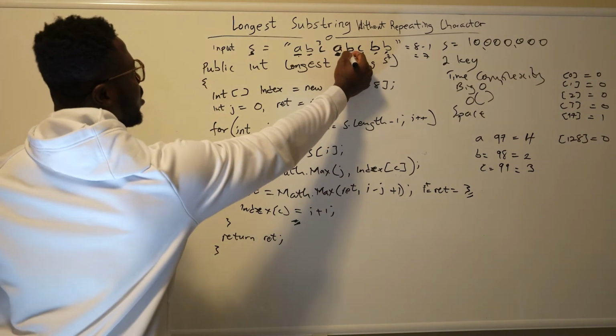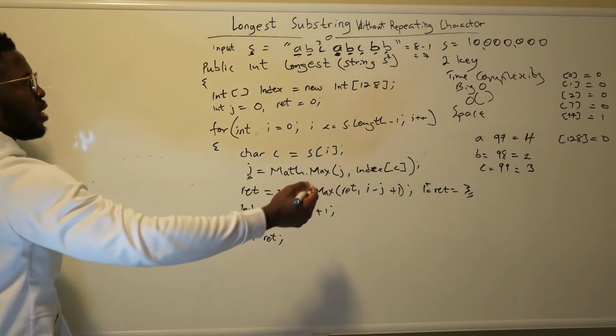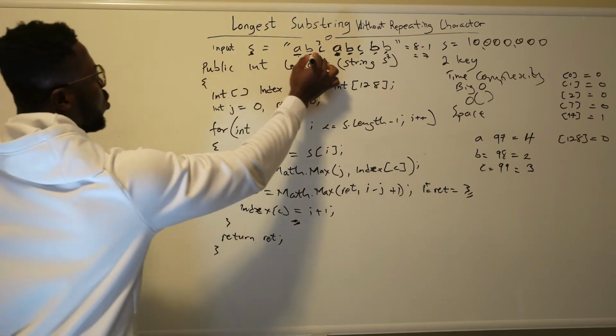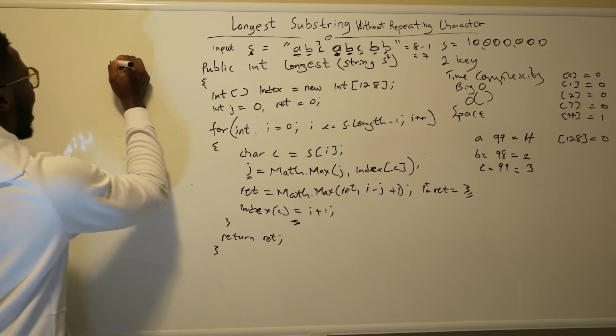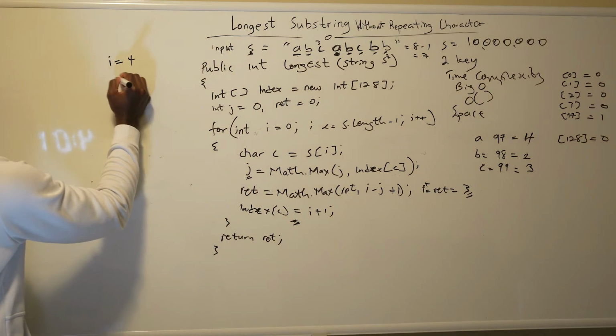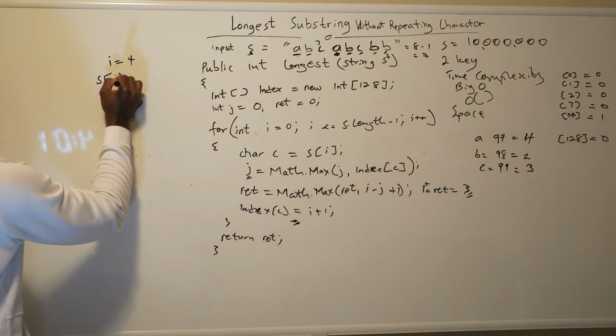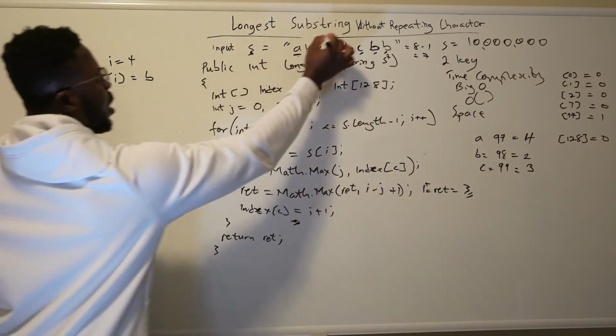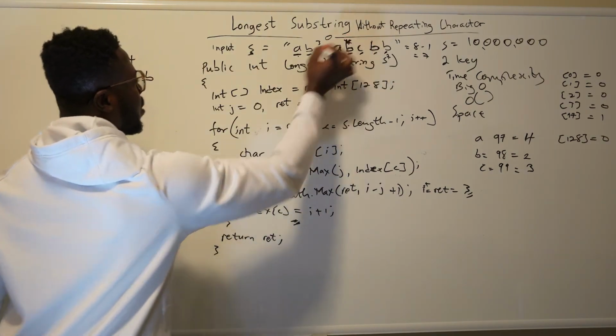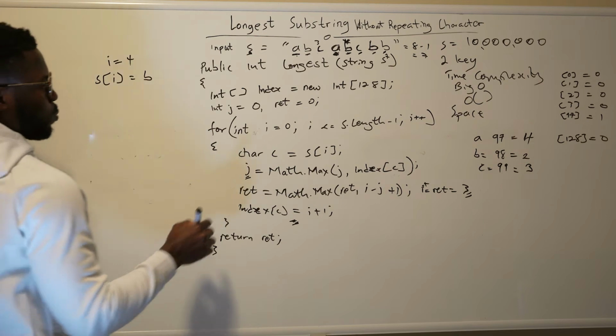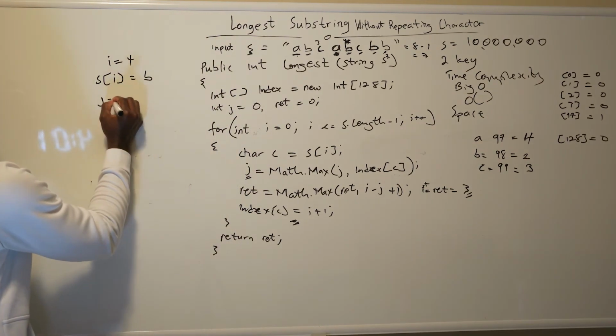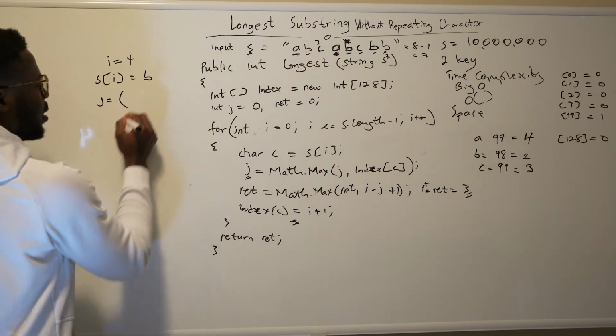We move on to the next iteration, 0, 1, 2, 3, 4, which is I equals 4 and S at I is equal to B. We are on this one, right? We find the Math.max.